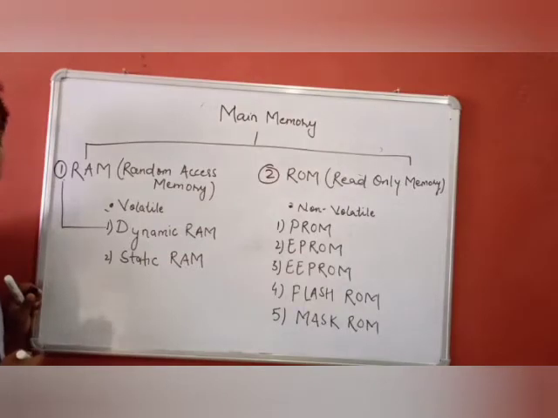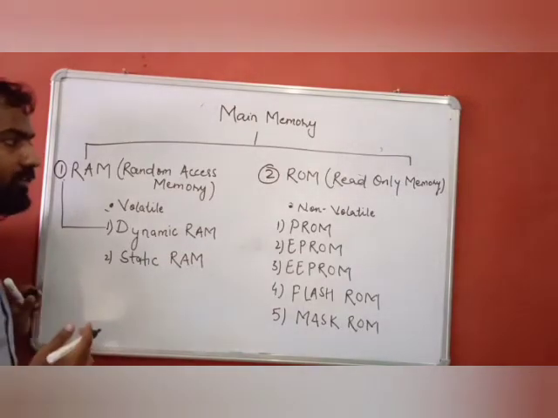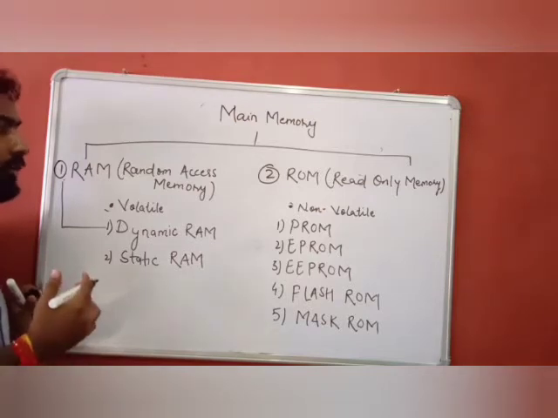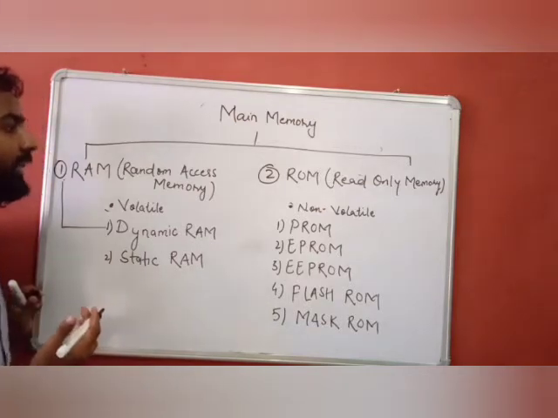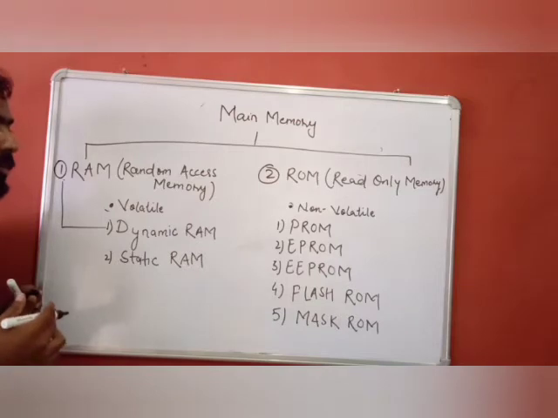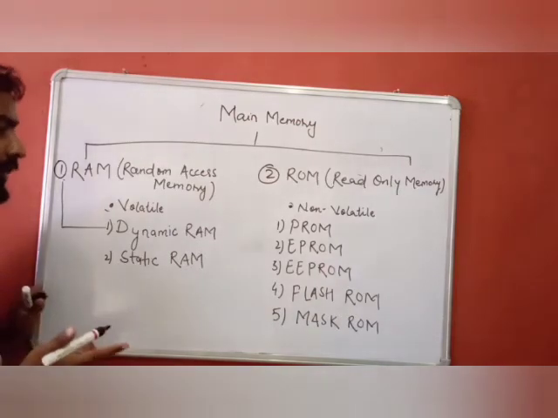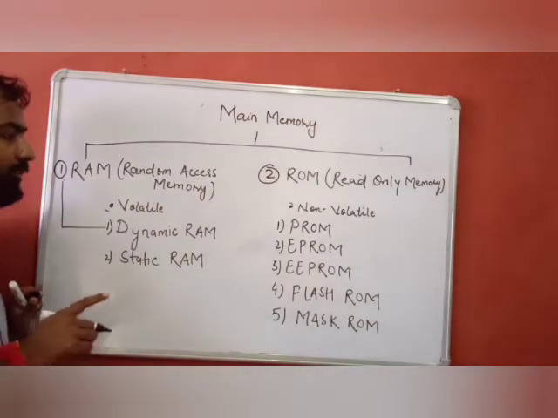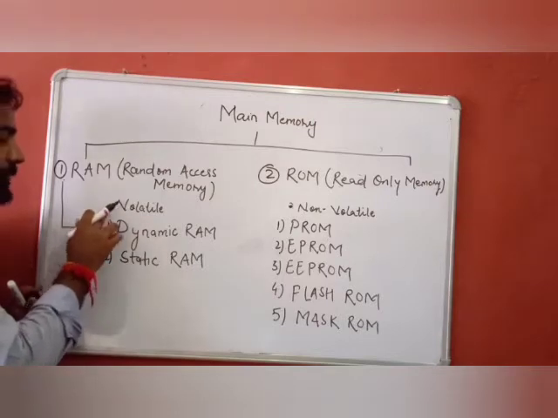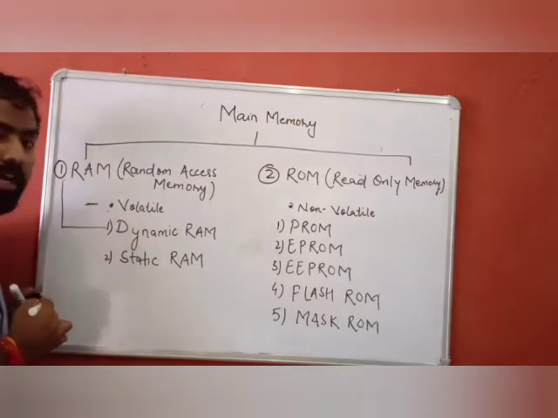RAM, as the name suggests, is random access memory. It means during the process, the memory is provided to the data by the RAM. One main drawback of RAM is that it is a volatile memory. What is the meaning of volatile memory?